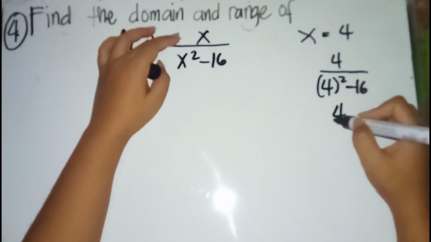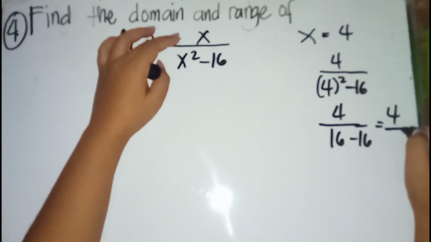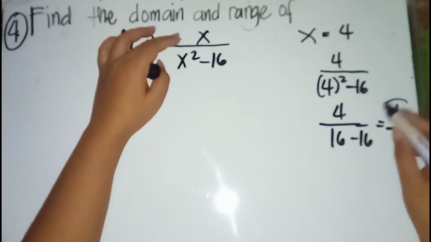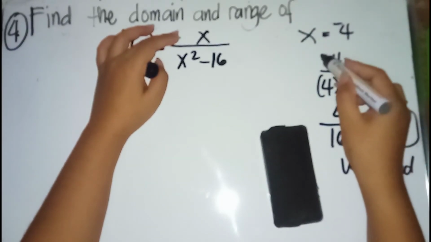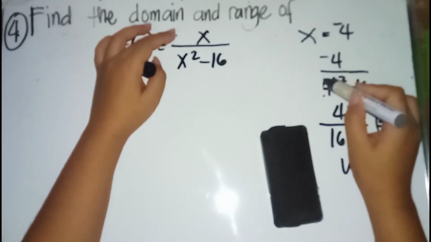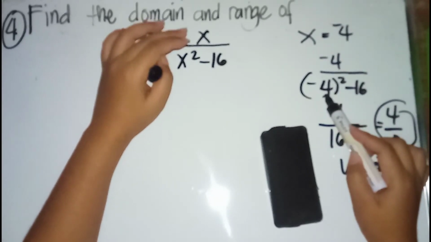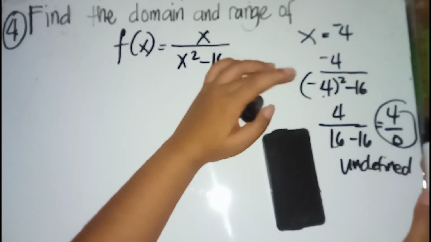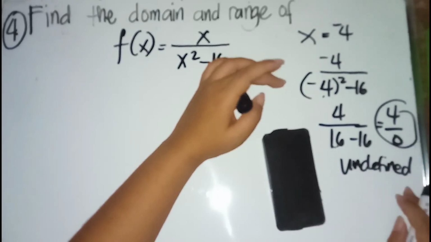So 4 squared would be 16, minus 16. 4 all over 0 would make our equation undefined. For negative 4, negative 4 all over negative 4 squared minus 16. Negative 4 times negative 4 is also positive 16. So 16 minus 16 is 0. 4 divided by 0 would make our function undefined.